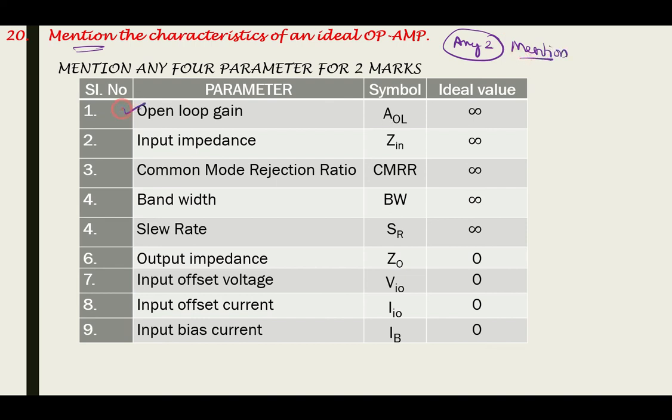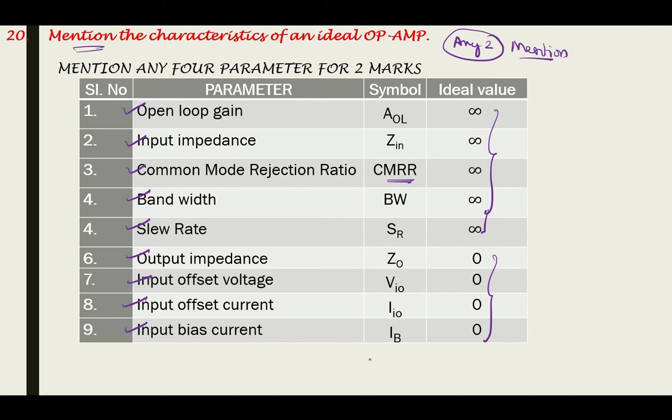So open loop gain, input impedance, common mode rejection ratio, which we usually call CMRR, bandwidth, and slew rate: all these 5 have an ideal value of infinite. Then output impedance, input offset voltage, input offset current, input bias current: all these have 0 as their ideal value.